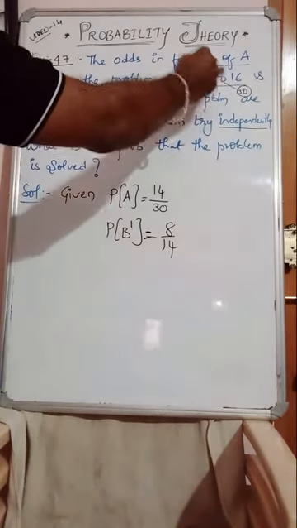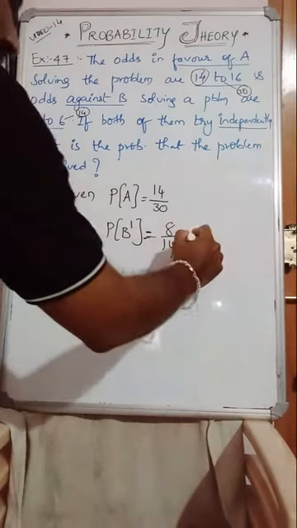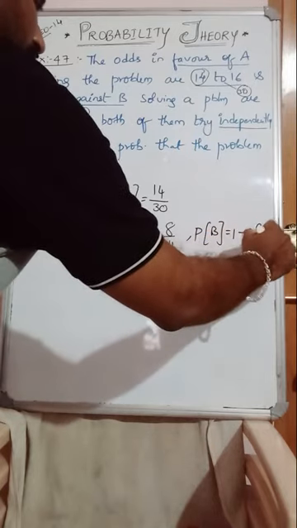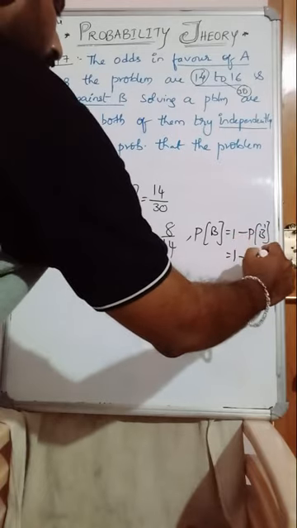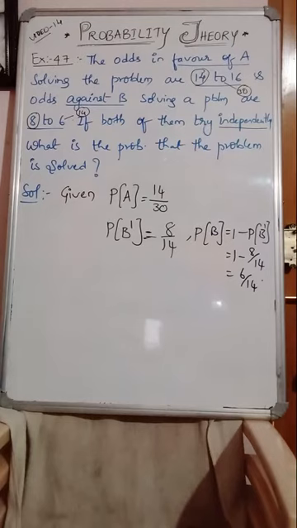Here this 6 is favor. Now according to that I have taken the probabilities. What they are giving is P of B dash. Then what about P of B? 1 minus P of B dash, that equals 1 minus 8 by 14. Definitely P of B is 6 by 14.